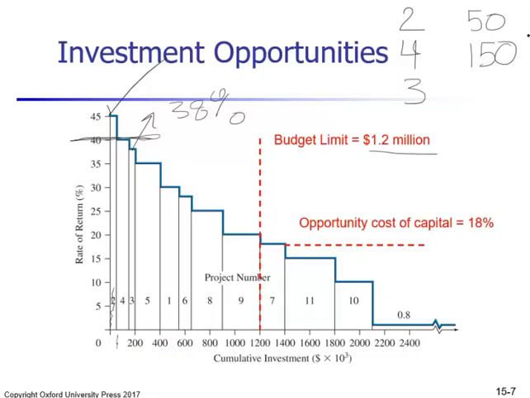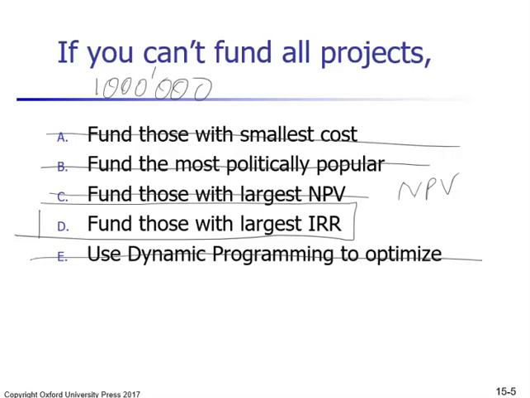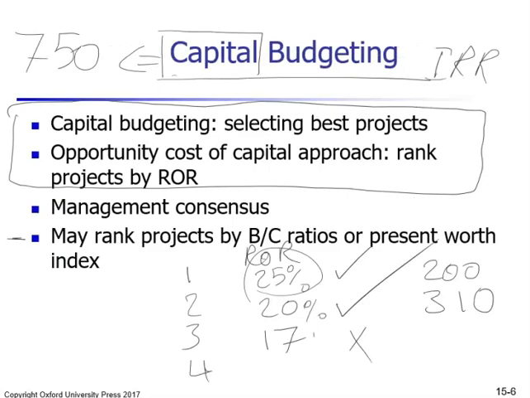No matter it is just $50,000, no matter its net present value is small. The important thing is the rate of return of these projects is high, and it makes our total investment more successful. So that's the answer to that question. Now you understand it better. Fund those with the largest ROR.